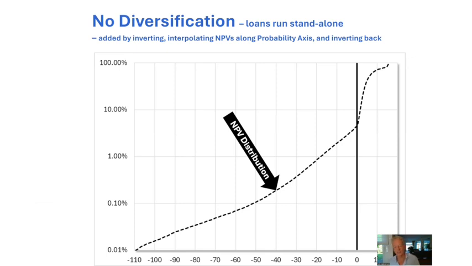So to summarize, if we have no diversification at all, so we run the 4 loans on a standalone basis and aggregate the cumulative probability NPV diagram, we get this black dotted line.